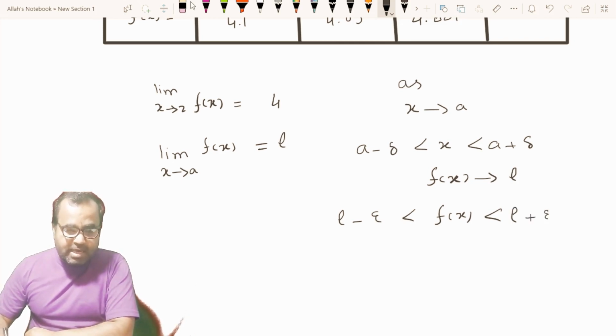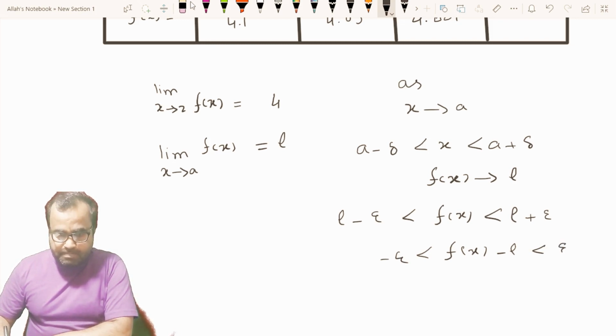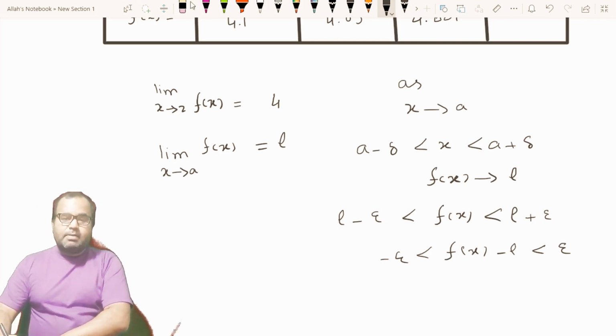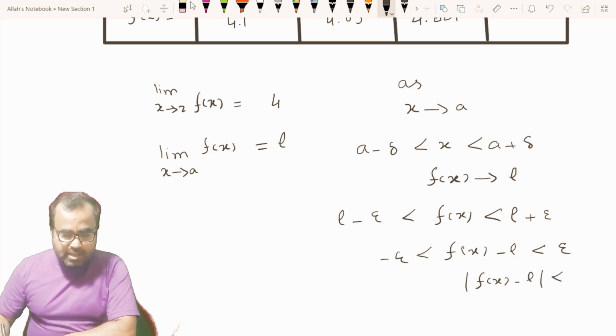Therefore, f of x minus L is in between minus epsilon and plus epsilon, and whenever this situation holds, we can write the absolute value of f of x minus L is less than epsilon.